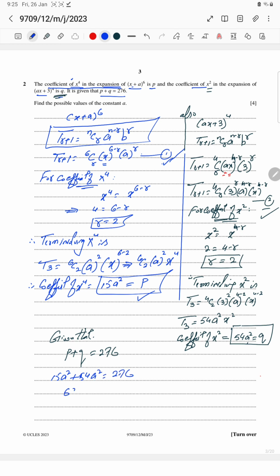Once we add it, we get 69a square is equal to 276. 276 divided by 69, we will get 4. So a equal to plus minus 2, taking square root either side. This is the final answer for this part.